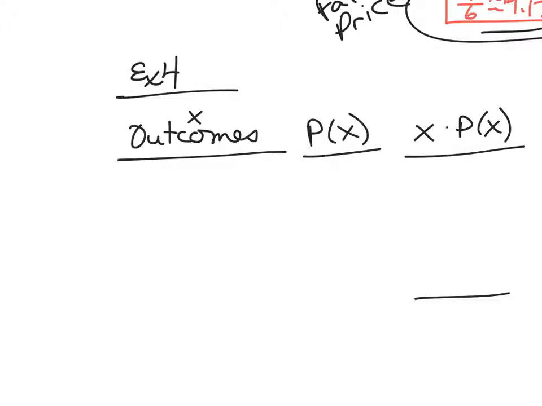The second sentence says the lottery operators randomly select a 3-digit sequence, and any player matching their selection receives a payoff of $600. Okay, so what are the possible outcomes? Well, I can win, which means I'm going to win 600, or I can lose, which means I'm going to win 0.